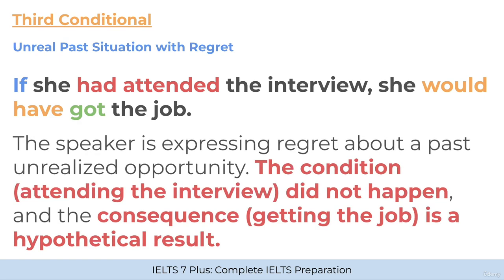So this is expressing regret about an unrealized opportunity. Attending the interview, well, did that happen? No, it didn't. And the consequence is a hypothetical result of something that actually didn't happen, all in the past. So regret is something that you can talk about using the third conditional.